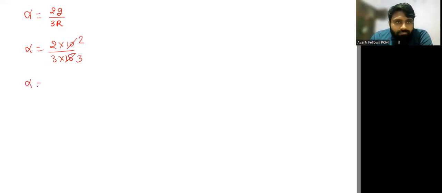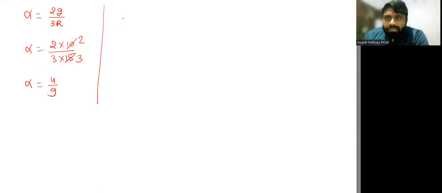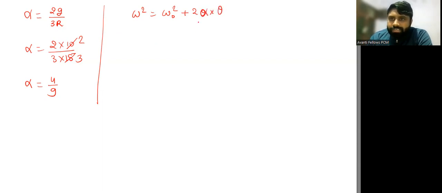So alpha is equal to 4 upon 9. Okay. Now this alpha is a constant value, so we can apply the equation of rotational motion, which is omega square equals omega naught square, where omega naught is the initial velocity, plus 2 alpha into theta. Now theta we already know, it is 30 degree.